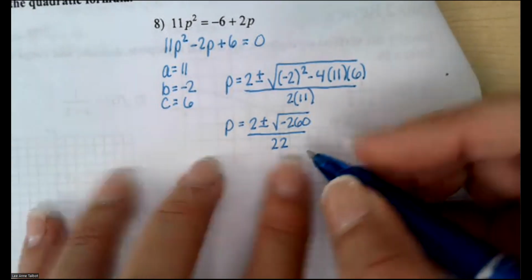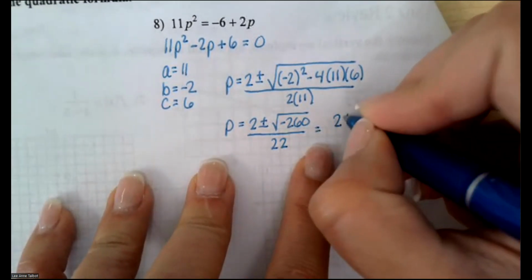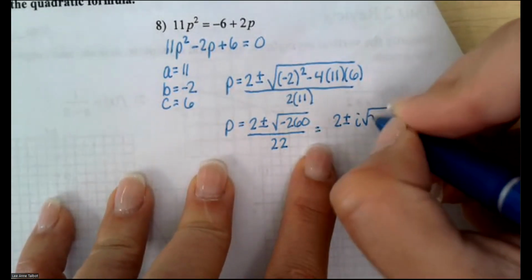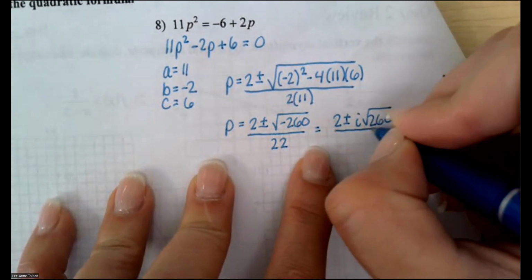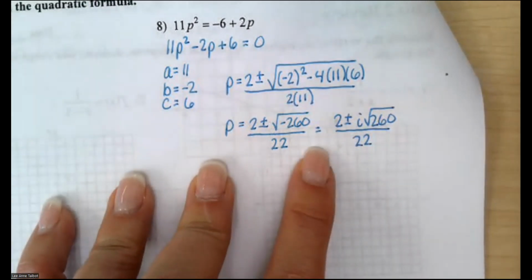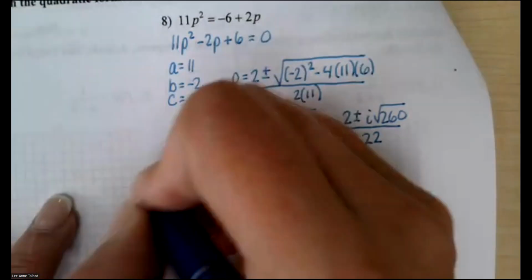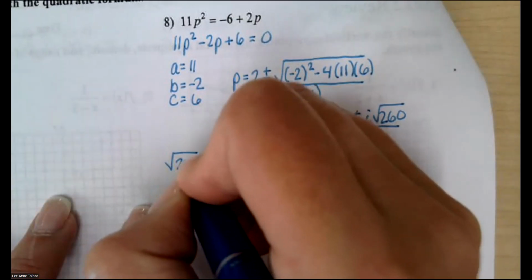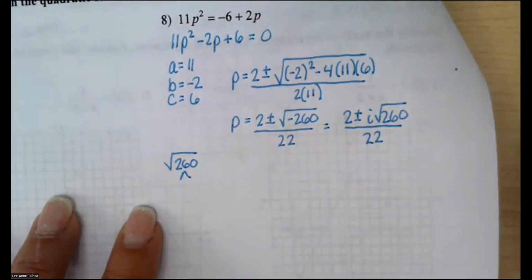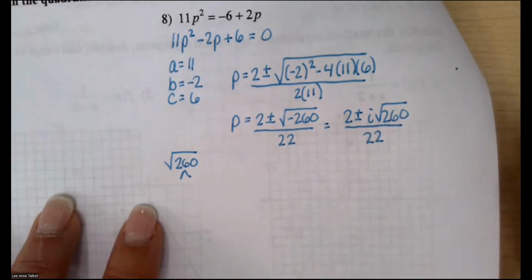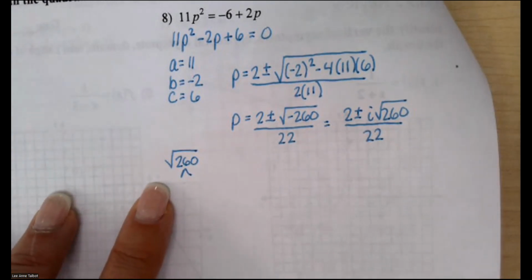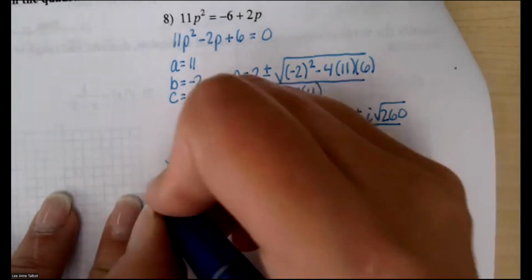Okay, then you change that to an i. Okay. I'm loving the amount of room I left here. Okay. So 260 is what and what? 26 to 10.